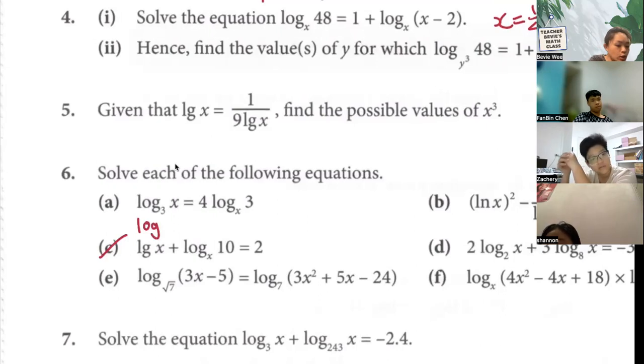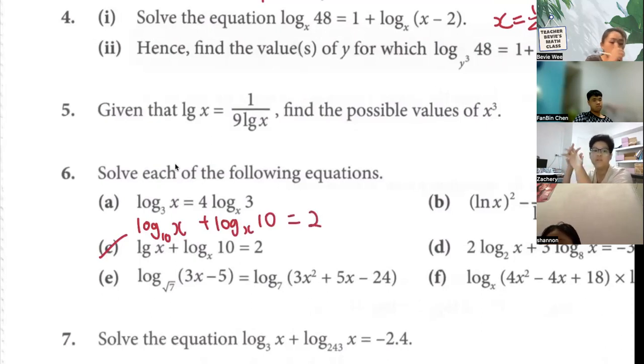I can rewrite it as log base 10 of x plus log base x of 10 equals 2. So these two bases are not the same. I cannot do product law, I cannot do quotient law to them, because for these two, I need to make sure that my bases are the same first. Meaning I need to think about what?